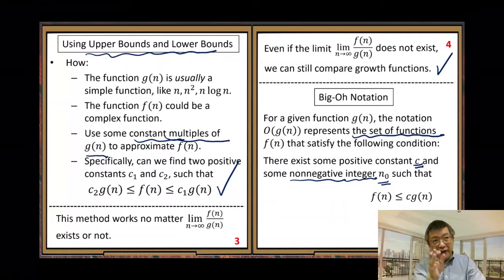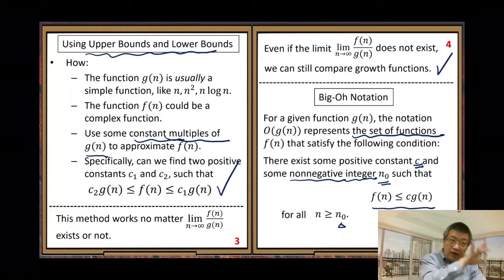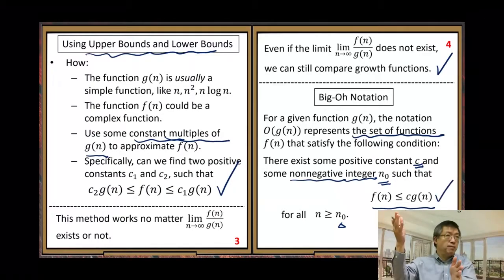So, more description. This inequality holds under a little more condition. What's that condition? For all n greater than or equal to n0. We treat n0 as a starting point. When the variable n, the problem size, is greater than this specific starting value, this inequality holds.